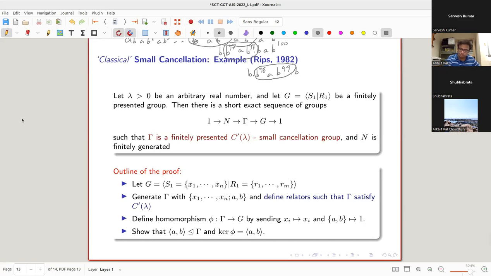The idea of the proof is quite different from this proof, but again, a very concrete small cancellation presentation has been used to answer that question in the negative.